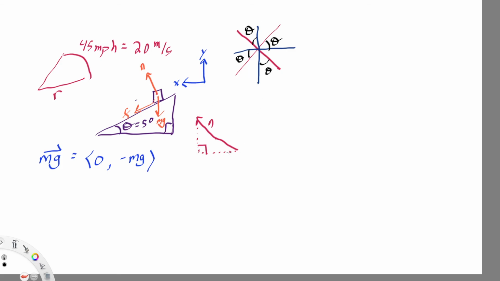So if we take a look at this angle here, that's the angle between the vertical and the up and to the left, right? That's the same as this angle right here. So theta is on the top, which means that we have n sine theta in the x direction and n cosine theta in the y direction.